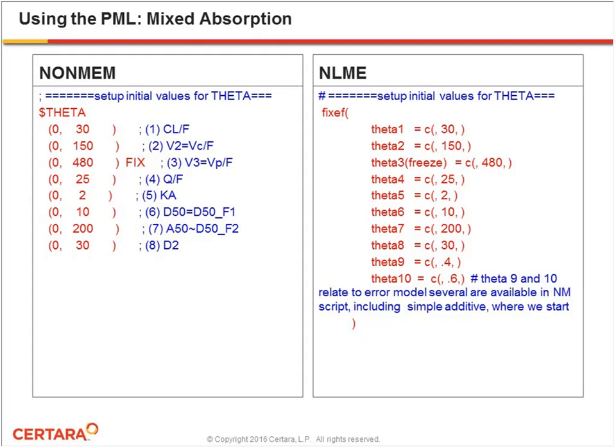We don't need to provide lower boundaries in this case, so the places before the first comma are empty. And what you see here also is the peripheral volume we kept fixed at a value of 480. And then we have two parameters here, fixed effects. These are related to the power error model that you see later. And these are also available in NONMEM.